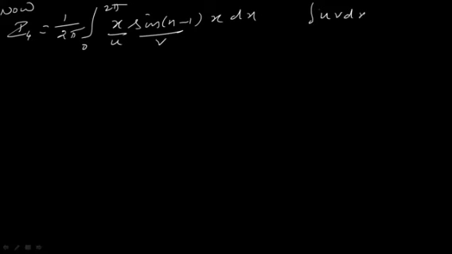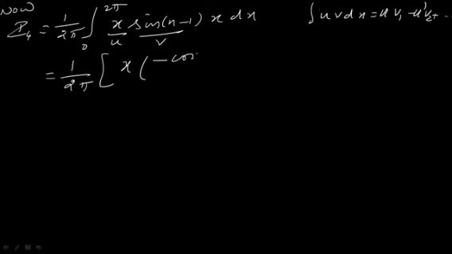Integral uv dx is equal to uv1 minus u dash v2 plus etc. So integrating this you get 1 by 2 pi, u is nothing but x, v1. So integrating sin n minus 1x you get minus cos n minus 1x divided by n minus 1. So this is your u and this is your v1.